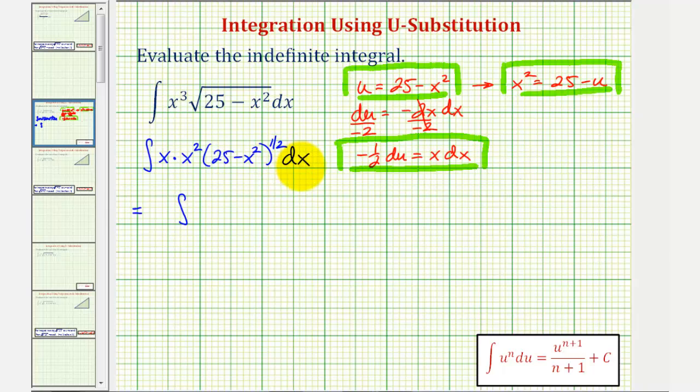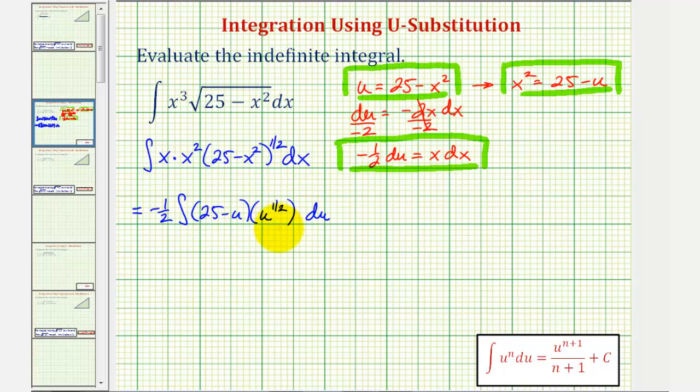So x dx is equal to negative 1/2 du. We'll factor out the negative 1/2. Here's differential u. x squared is equal to 25 minus u. And the quantity 25 minus x squared is equal to u. So we have times u to the 1/2.